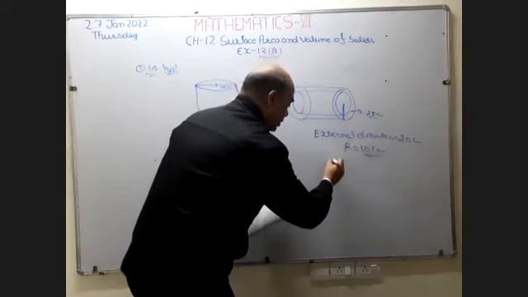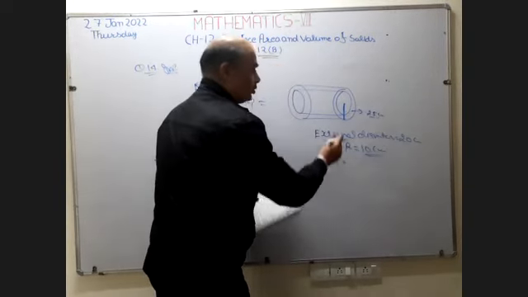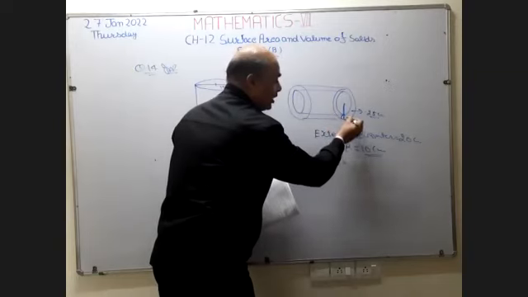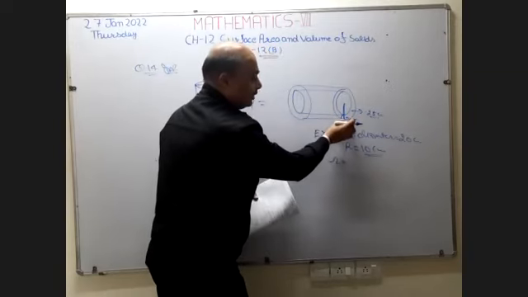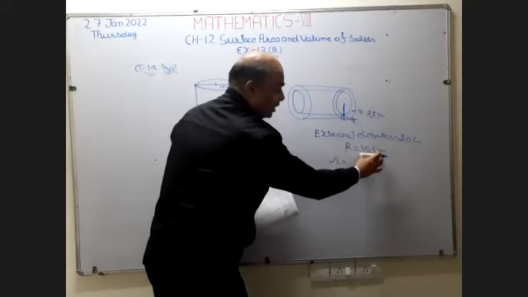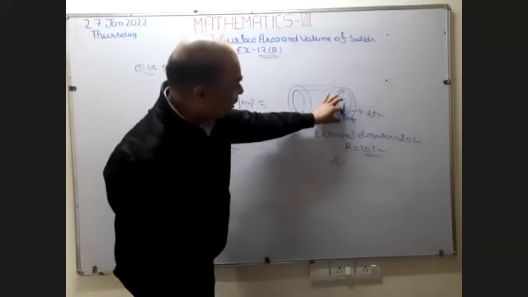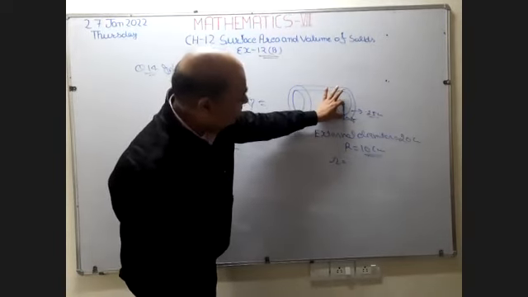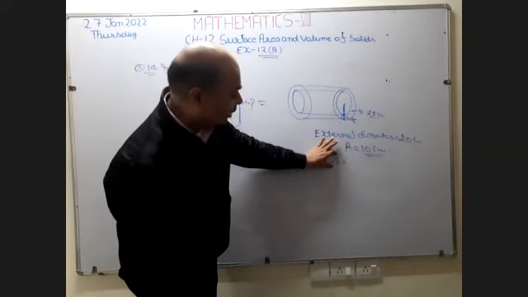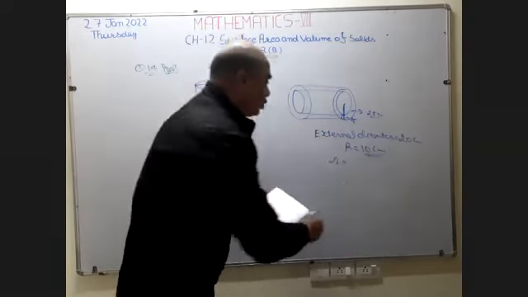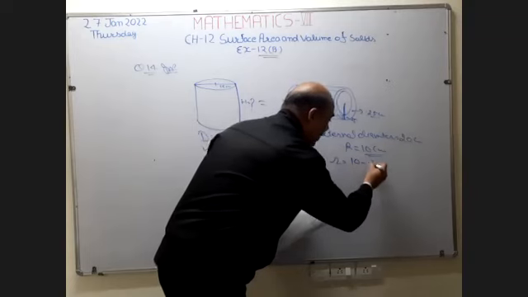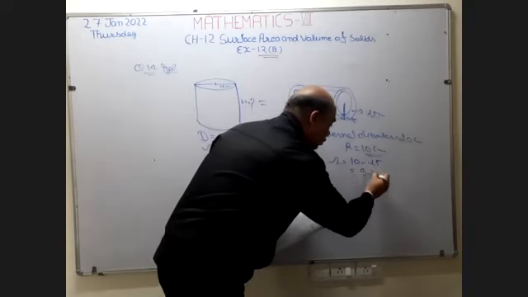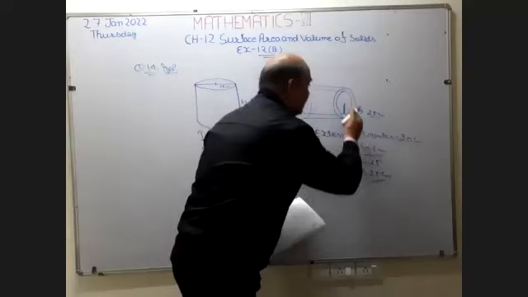Now my question is, what is small r? Since the thickness is 0.25 centimeter, we have to subtract this thickness from the external radius. If I subtract this thickness from the external radius, what is left? The internal radius. I require the value of the internal radius. It's going to be 10 minus 0.25, which means 9.25 is the radius of the internal circle.